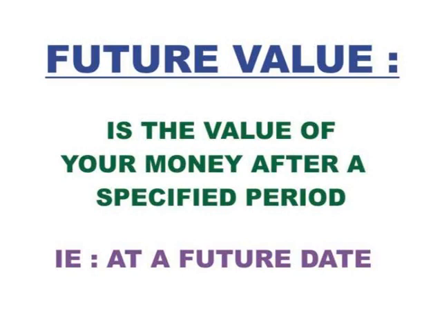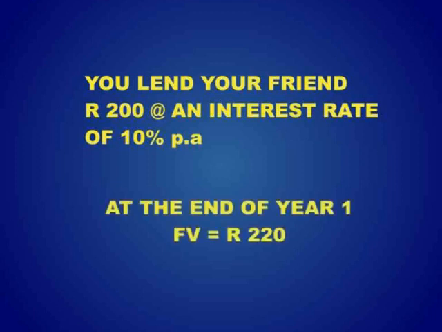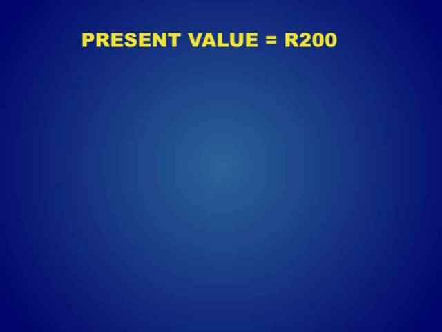Let us look at an example. You lend your friend 200 Rand and you charge him 10%. At the end of the first year, your future value is going to equal 220 Rand. Why? Because your present value was 200 Rand, the money that you lent him.